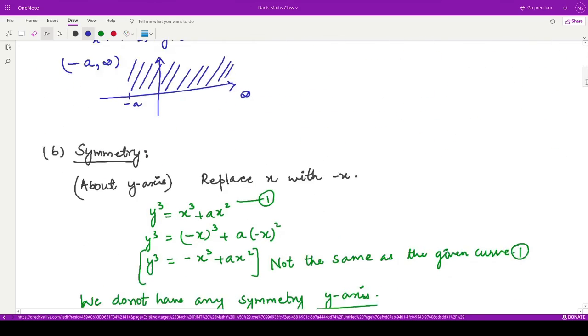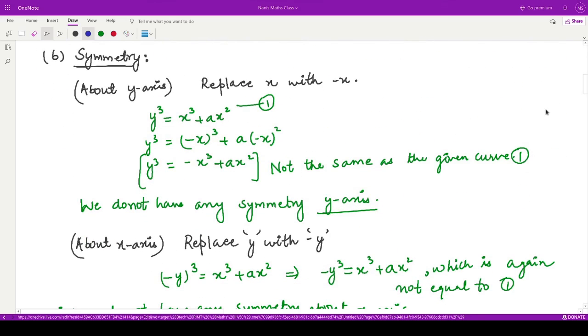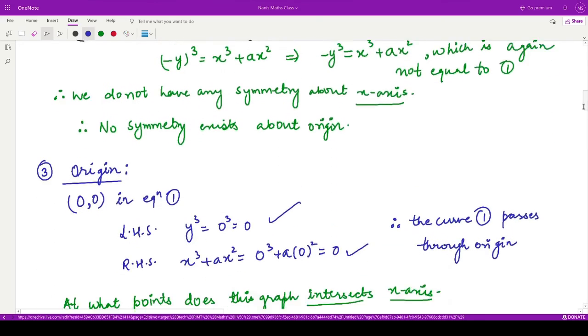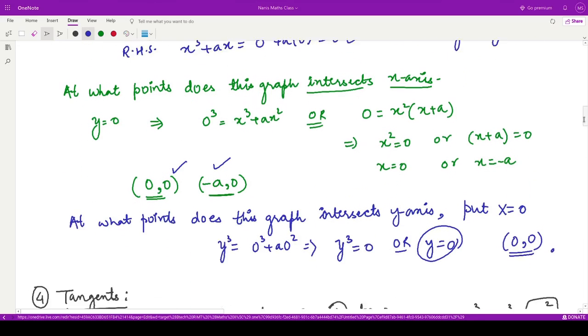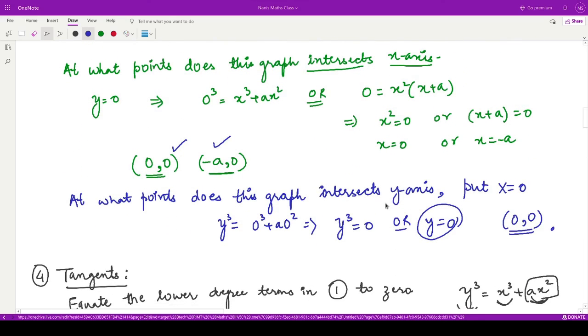Then under the second point, we saw the symmetry. We saw there is no symmetry in the curve. Then we saw the curve passes through the origin. Moreover, it intersects the x-axis at these 2 points, and the y-axis only at the origin.